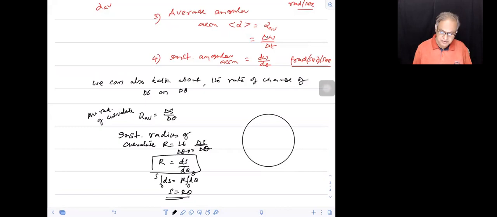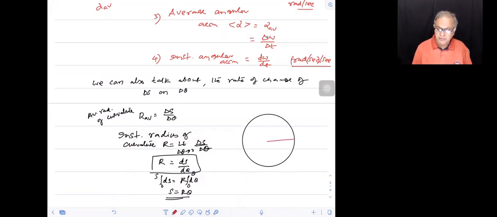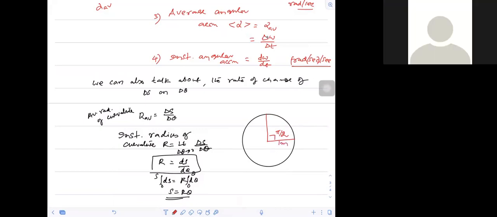If it is starting here and went there, how many radians did it describe? Pi by 2. So this arc length will be how much, children? This radius is, for example, 1 meter.